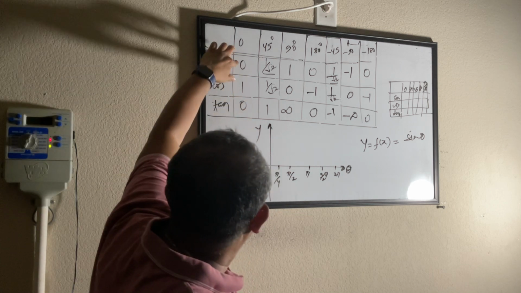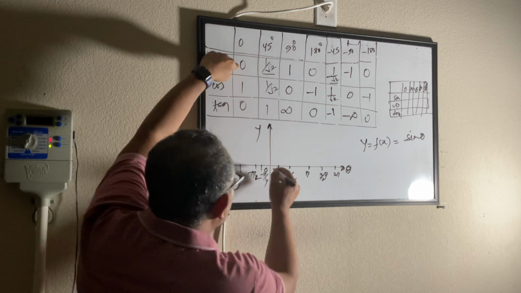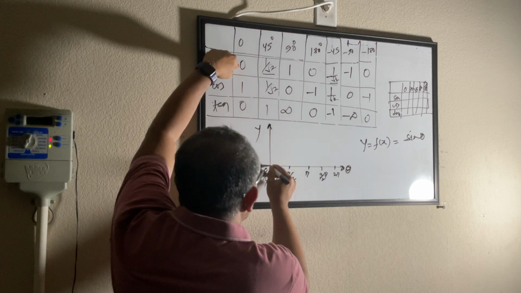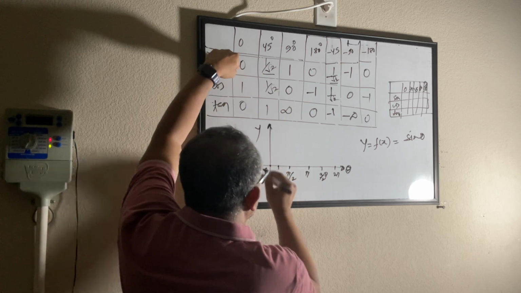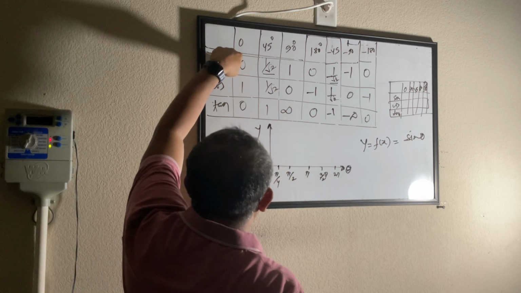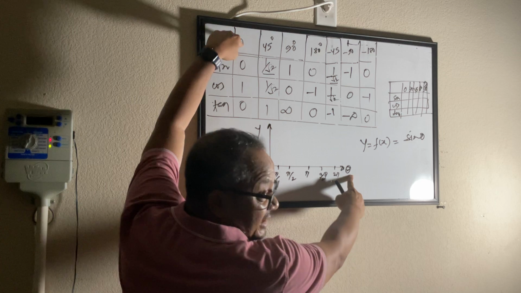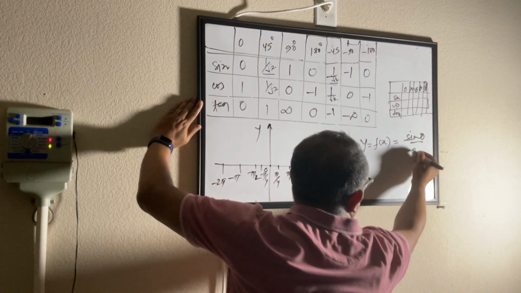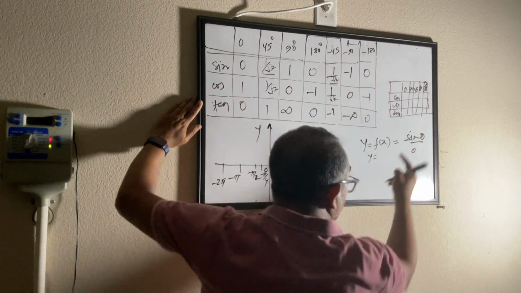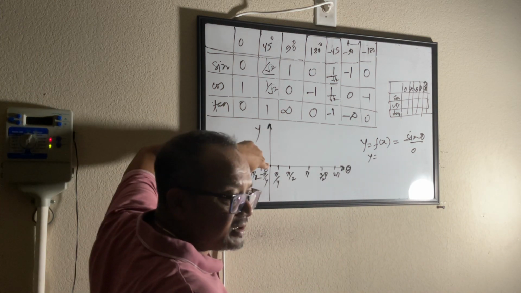Now, sine, we are going to look at this one. Sine 0 is 0. When theta is 0 degree, sine 0 is 0, y is equal to 0. Same point.